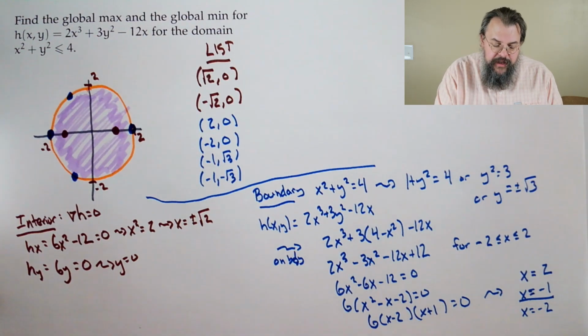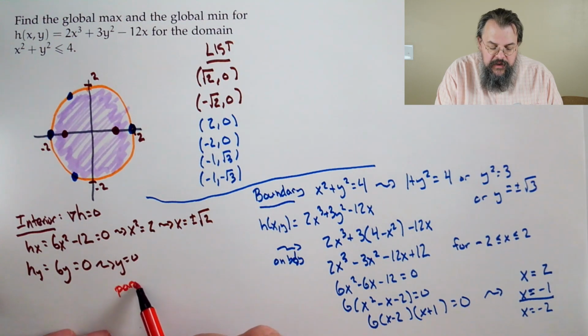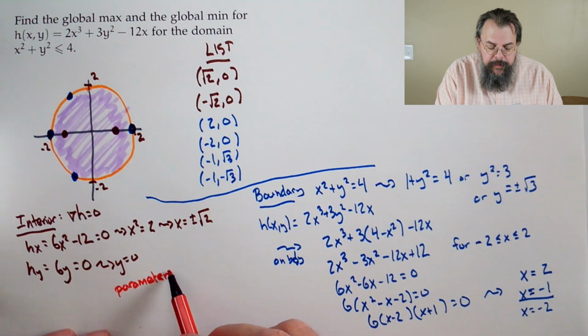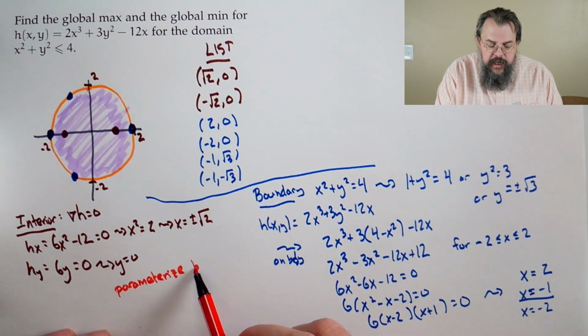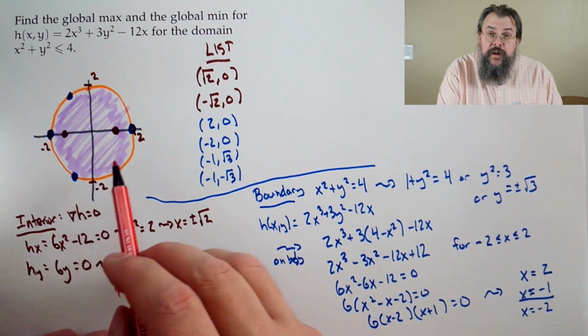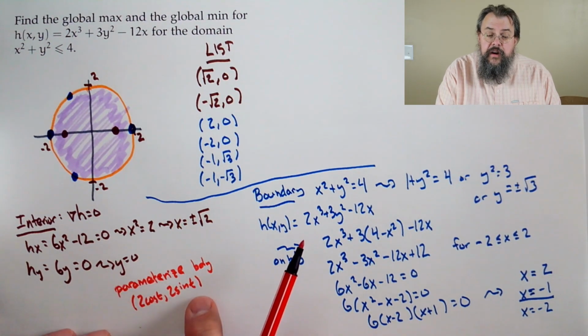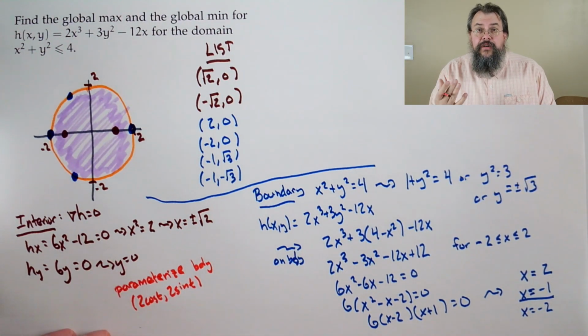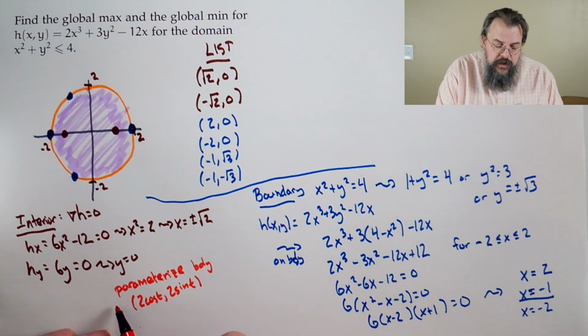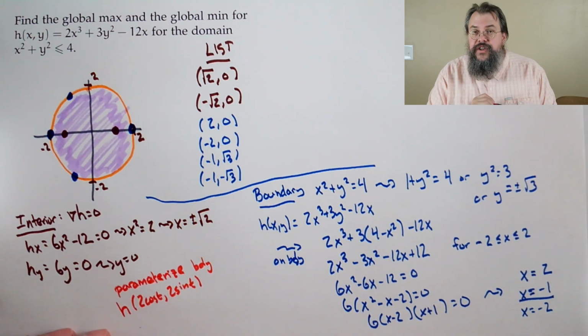What we could have said is, hey, if I want to parameterize the boundary, I can do it because it's a circle, and circles are easy to parameterize. Namely, it's a circle of radius 2, so it'd be 2 cosine t, 2 sine t. And as you let t vary, that goes around the whole boundary. So you could now plug that into h.